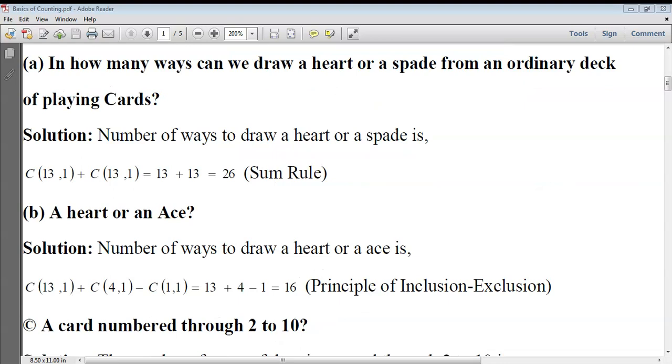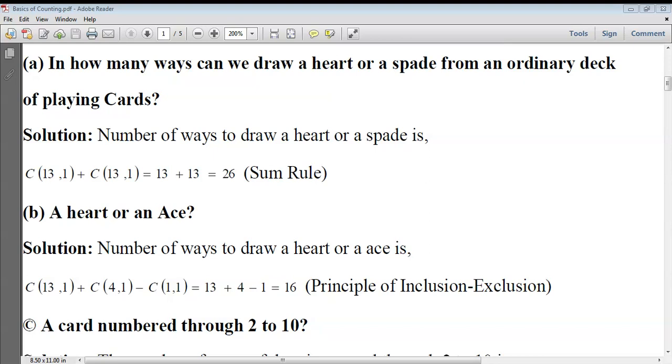Now let us see an example problem on playing cards. In how many ways can we draw a heart or a spade from an ordinary deck of playing cards? Playing cards can be divided into four categories: clubs, spades, hearts, diamonds.